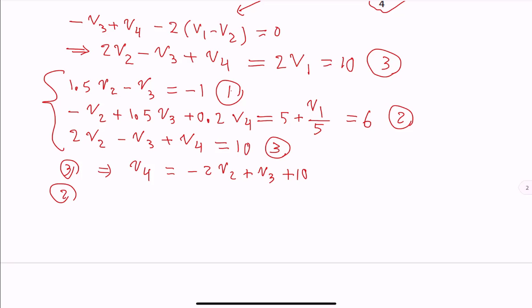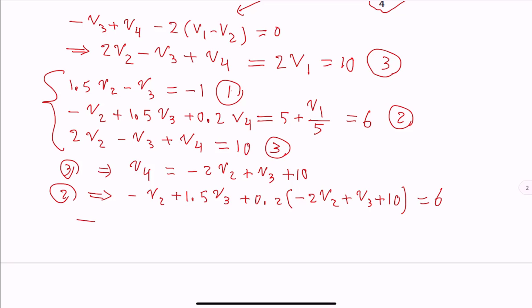Equation 2 becomes negative V2 plus 1.5 V3 plus 0.2 V4, and we are substituting for V4, so 0.2 times negative 2V2 plus V3 plus 10 equal to 6.